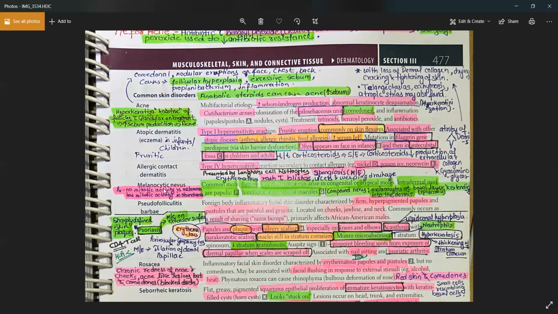In case of compound nevus, all these cells will be extending into the dermis, so the cells will be present both in the dermis as well as in the epidermis. Now this macule is raised, and the raised macule is known as the papule.